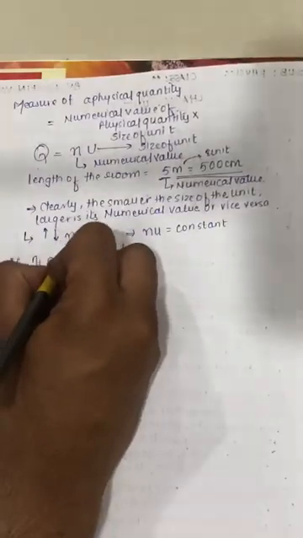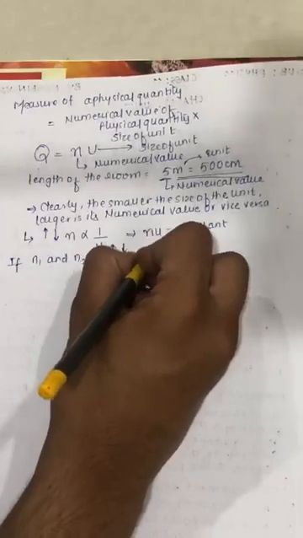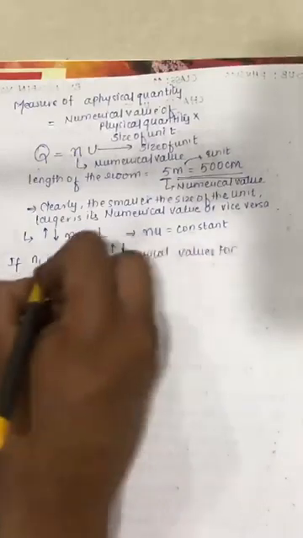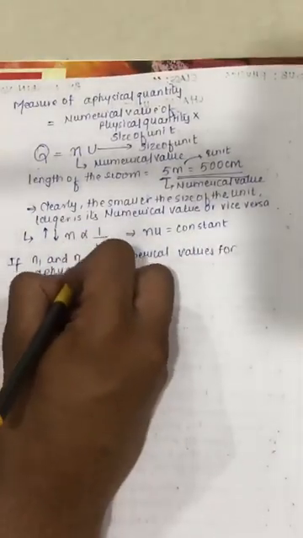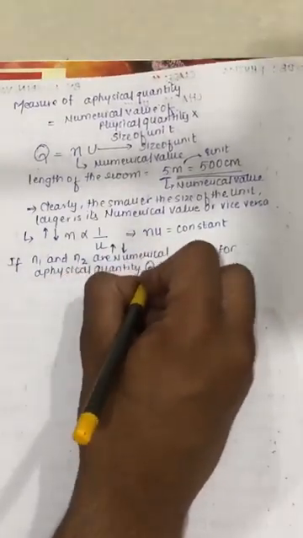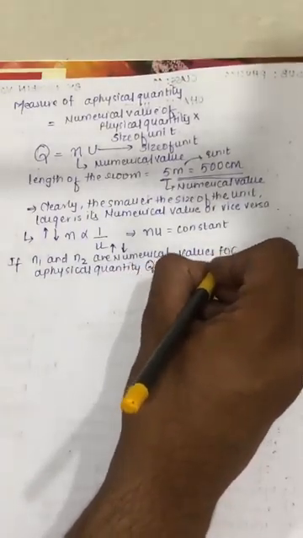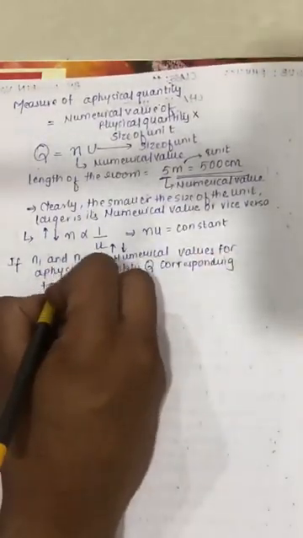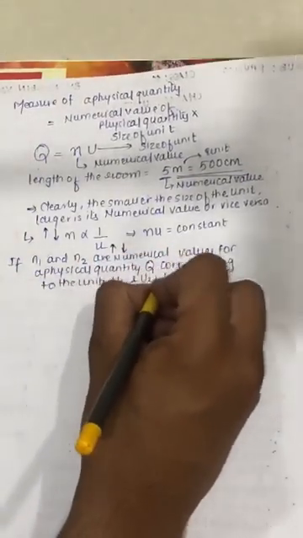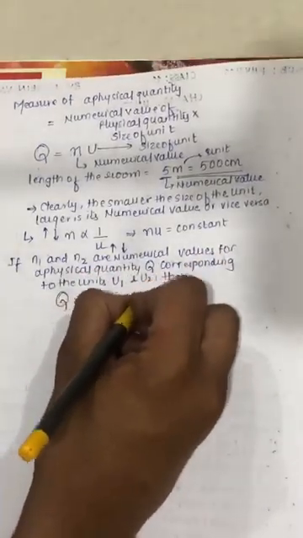If n1 and n2 are the numerical values for a physical quantity Q corresponding to the units u1 and u2, then Q is equal to n1 u1, that is equal to n2 u2.